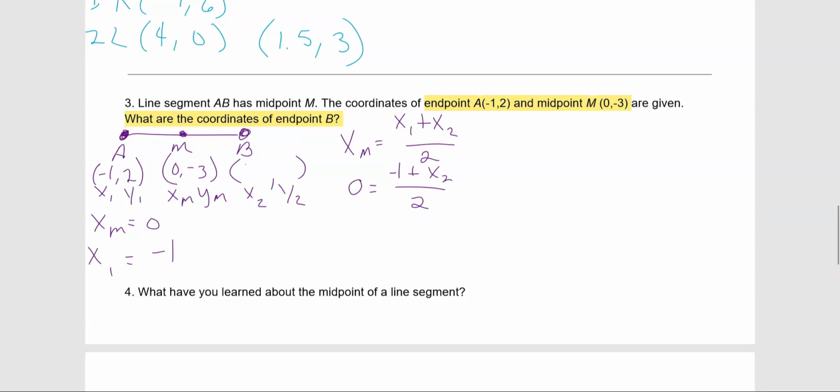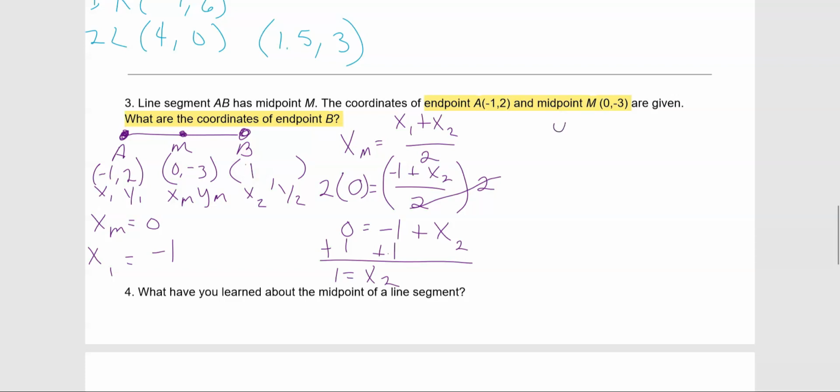We are solving for x2, so we need to make sure we undo this division using inverse operations. Remember, inverse of division is multiplication. So 2 times 0, of course, is 0. Anything times 0 is 0. This 2 on the outside of the parentheses cancels the denominator because anything divided by itself is 1. So we get 0 is equal to -1 plus x2. -1, the inverse of subtraction, is to add it. And we get that 1 is equal to x2. So we're going to put a 1 here in our answer.